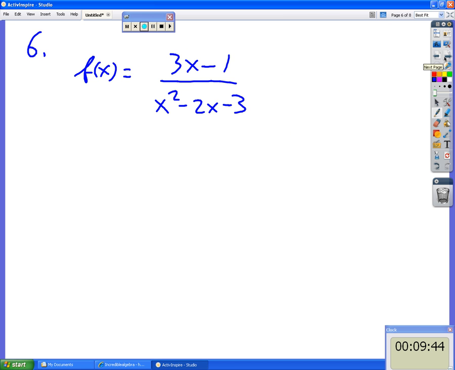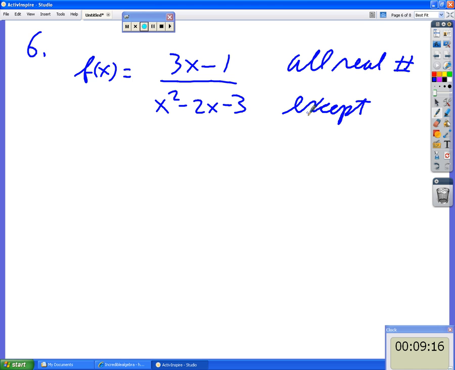Problem number 6. There's the actual problem. The directions say find the domain in this problem. Well, this is a fraction. When I have a fraction, the answer is all real numbers, but there's usually some exceptions.